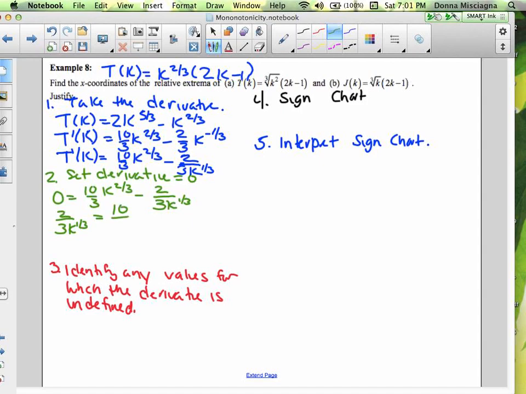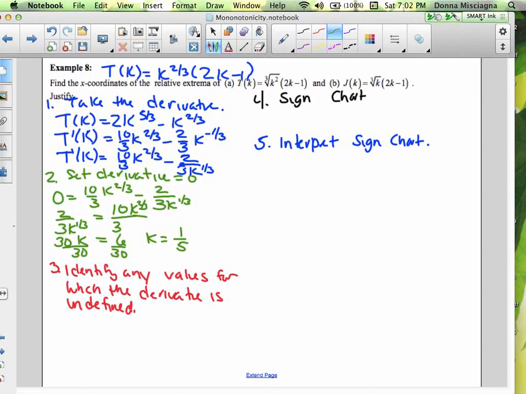Now I've got these on 2 separate sides, and I'm going to make this look a little bit more like a fraction, because you'll realize we could solve using a proportion and just cross multiply. Wouldn't that be easier? Yes, it would be. So if I cross multiply, I've got 30k, and 30k, because 1/3 plus 2/3 is 3/3. So we've got 30k equals 6. Well, that's not too bad. And then we just divide both sides by 30. So k is 1/5.